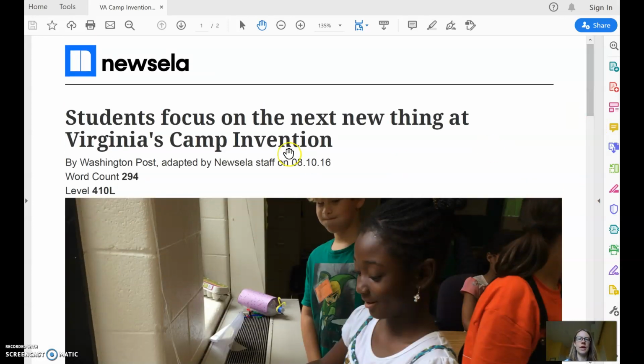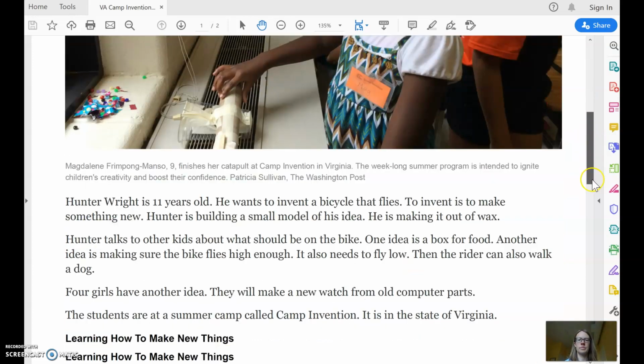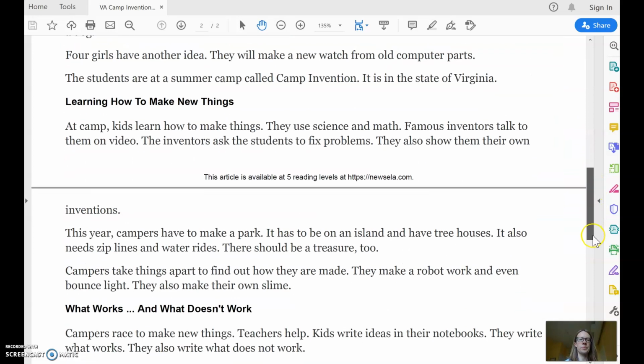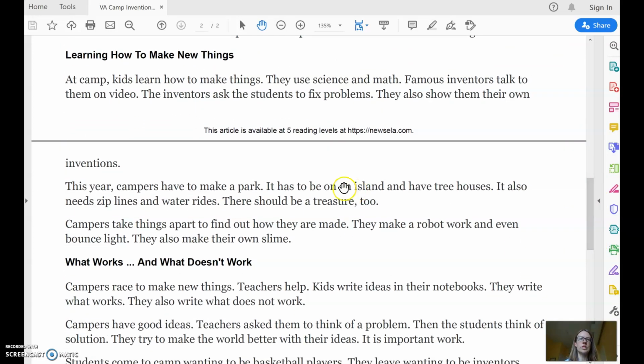Let's read the title together. Students focus on the next new thing at Virginia's Camp Invention. We'll start where we left off. This, where the writing is dark, is called a heading. Say heading.